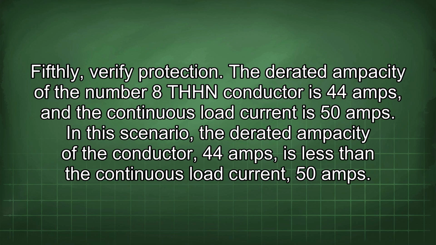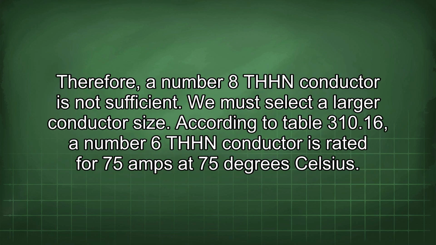is 50 amps. In this scenario, the derated ampacity of the conductor, 44 amps, is less than the continuous load current, 50 amps. Therefore, a number 8 THHN conductor is not sufficient. We must select a larger conductor size. According to table 310.16, a number 6 THHN conductor is rated for 75 amps at 75°C.